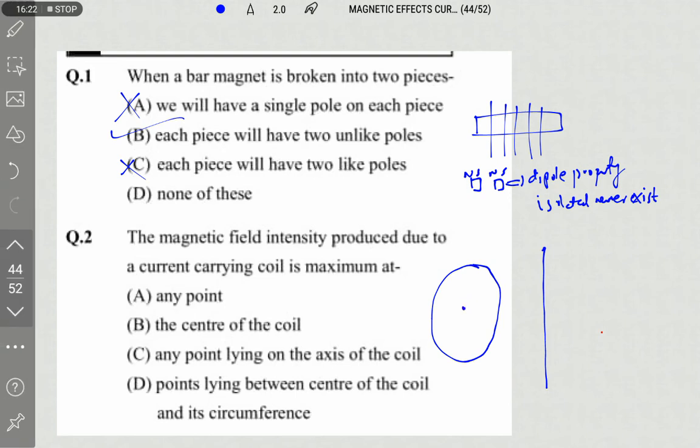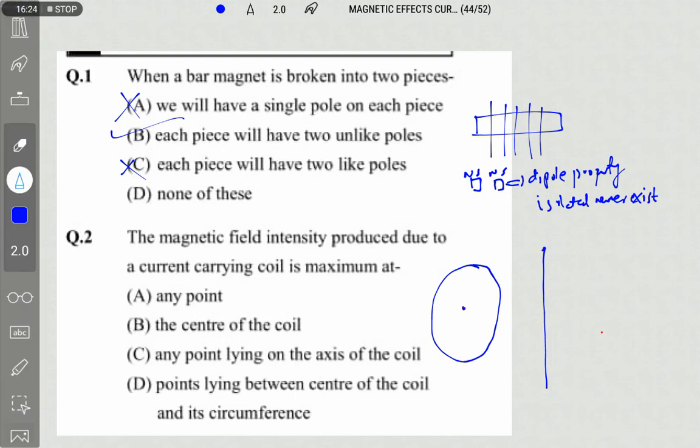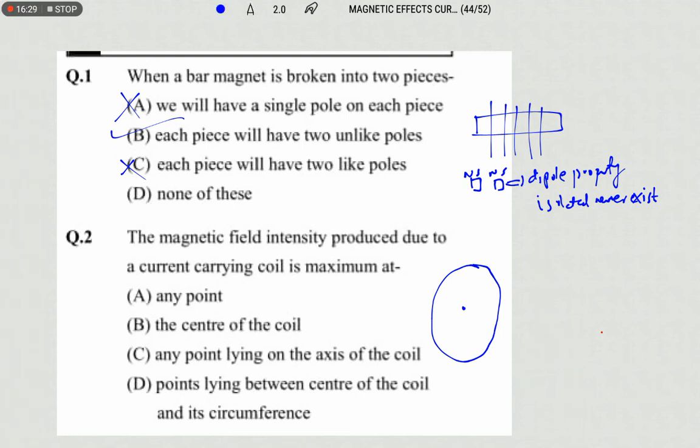We know the formula for magnetic field due to a current carrying coil on its axis at a distance of x from it: B equals mu naught N i r square by 2 times (x square plus r square) all to the power of 3 by 2.